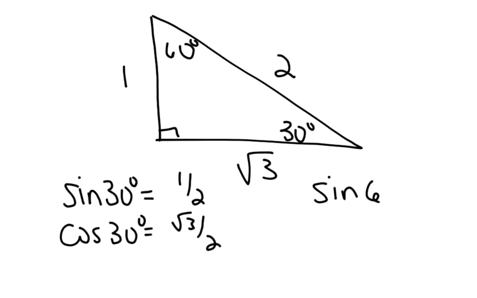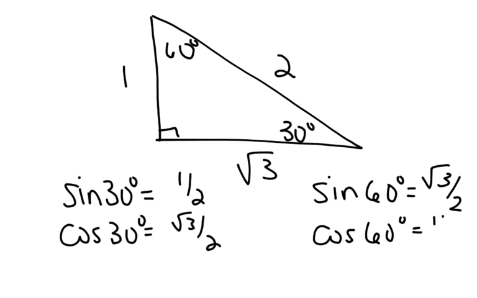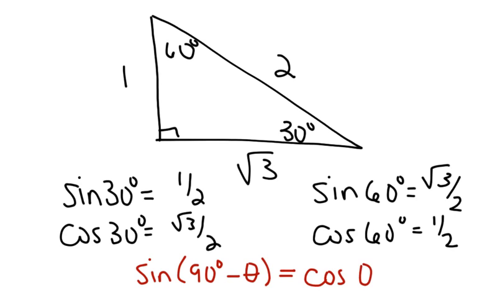If I instead focus on the 60-degree angle, the sine is the square root of 3 over 2, and the cosine is 1/2. So there is this definition that says that the sine of 90 degrees minus theta is the same as the cosine of theta.